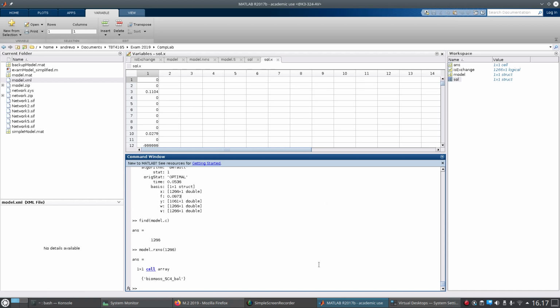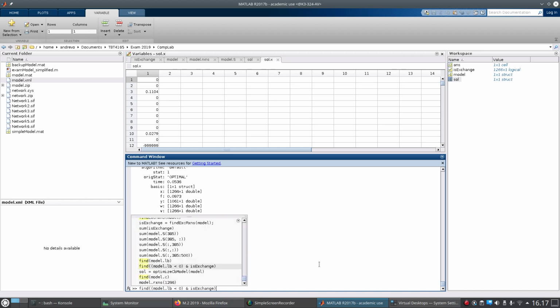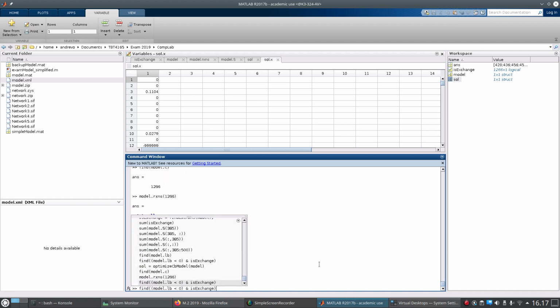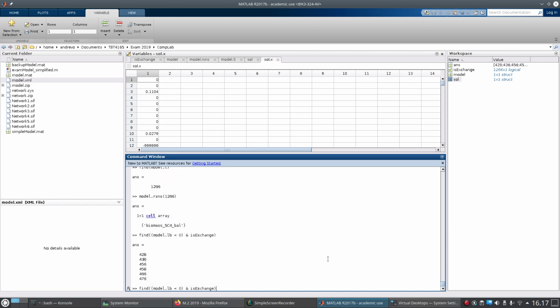So previously, to find the ones that could carry flux in the negative, we did find, let's just go up here, model.lb less than 0 and is exchange. Now instead, what we want to do is find sol.x less than 0, but also is exchange.